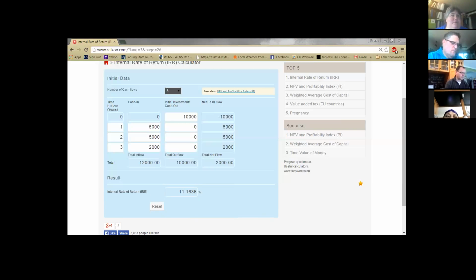Your first one is number 9. And you have to come up with a payback method. The top of page 412, if my book is marked right here. Yep. You have an amount that you have to invest in the opening sentence.